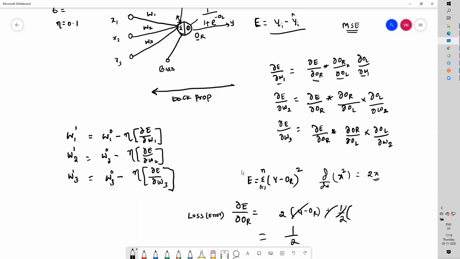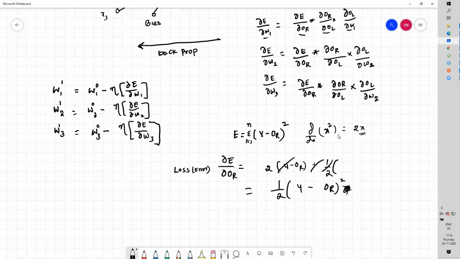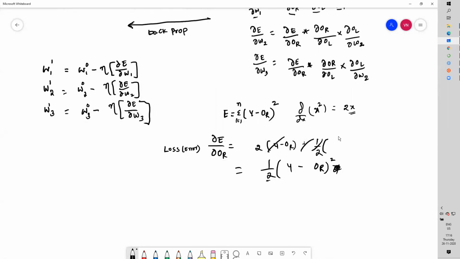So this is 1 by 2 of y minus the output, whole square. Why this 1 by 2? I'll explain in a little while. Don't worry.